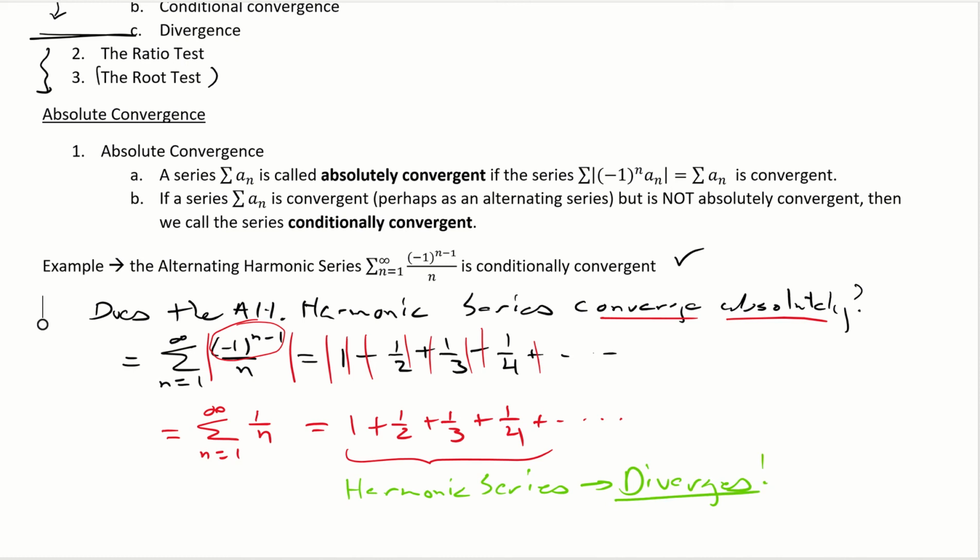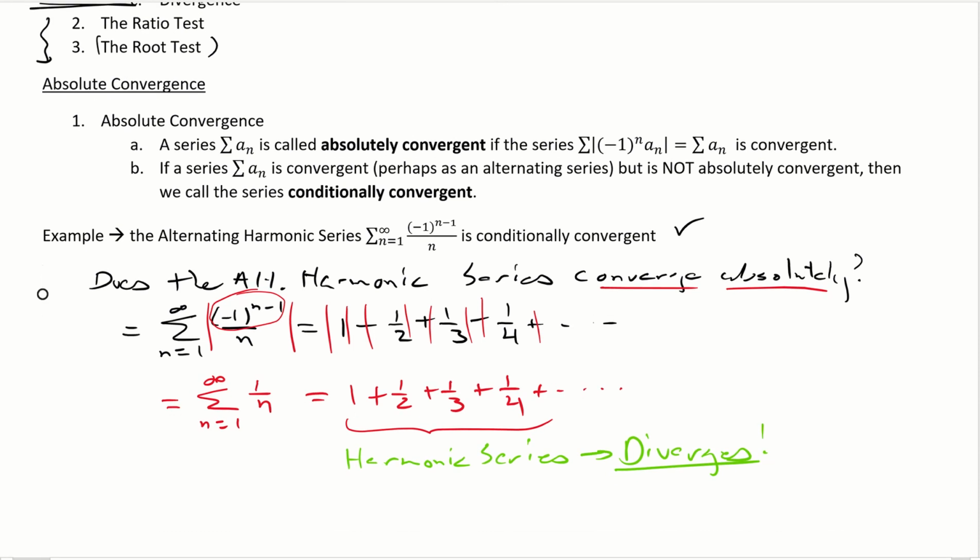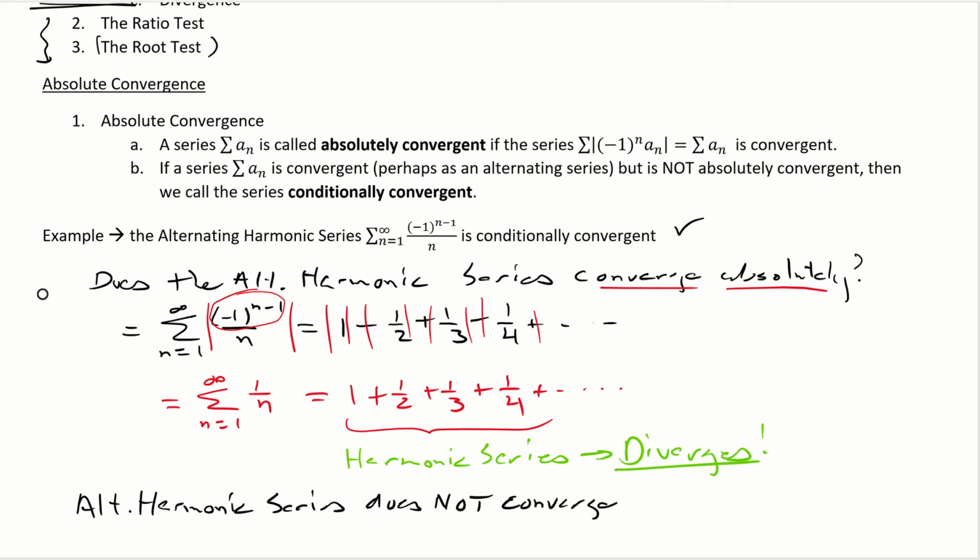So our conclusion here so far is that the alternating harmonic series does not converge. Now wait a minute. It does converge, but it does not converge absolutely. Okay? That's the story for this guy. So it does not converge absolutely.